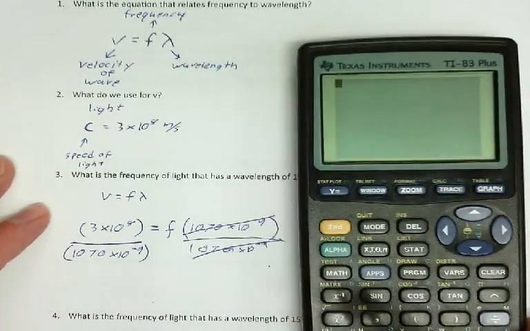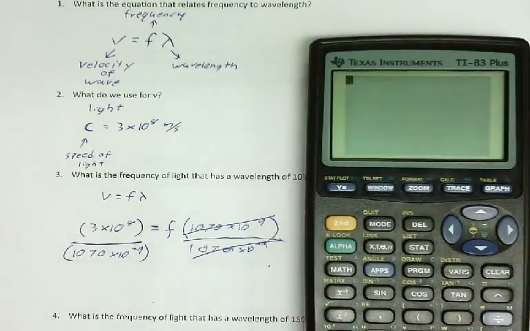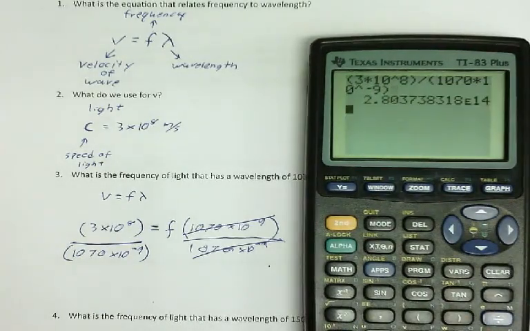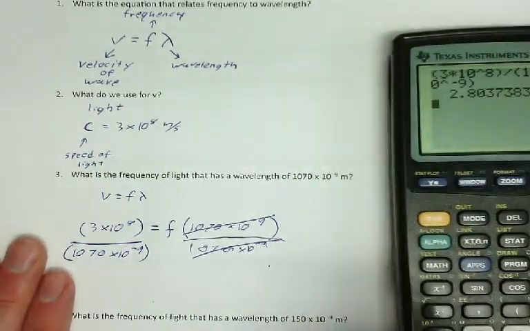And what I'm going to do is plug it in exactly the way it looks, but I have to use parentheses. So I do parentheses 3 times 10 power 8 in parentheses divided by parentheses 1070 times 10 power negative 9 in parentheses equals, and you should get this number, 2.8 times 10 to the 14th.